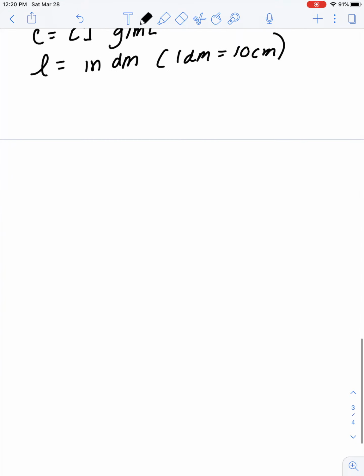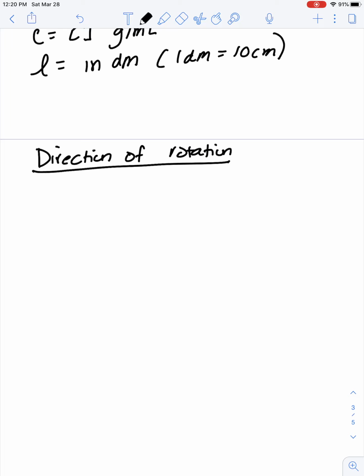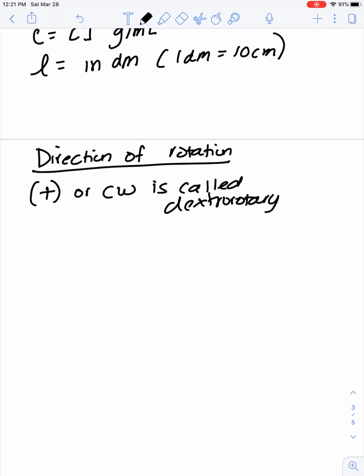We have different directions of rotation, which, if you started the lab, you will see. This is what the post-lab questions are formulated around. A positive rotation, which can also be looked at as a clockwise rotation, is called dextrorotatory, most commonly shown with a little d.